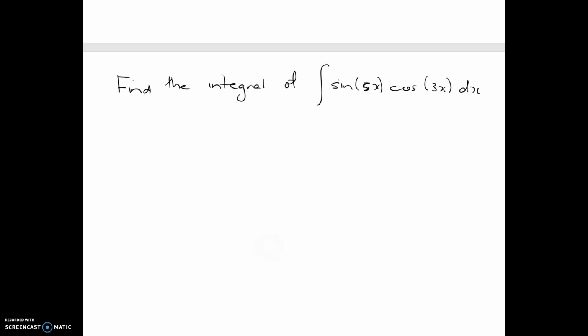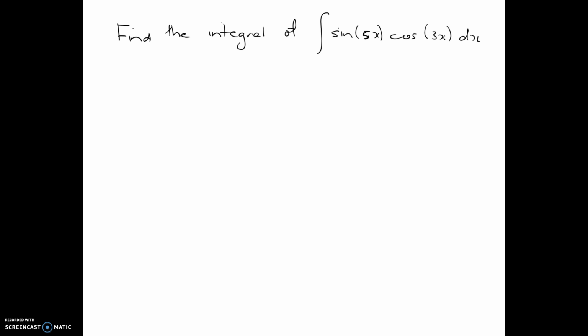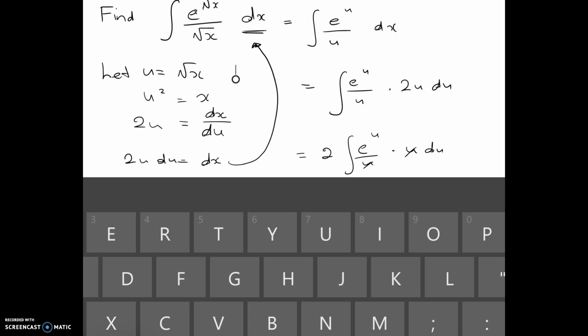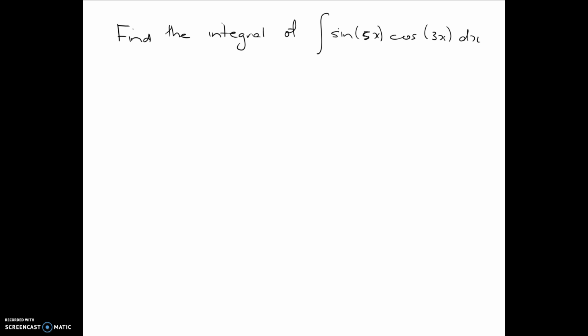The second question is not by substitution as it happens. It is by finding an appropriate trig identity that we can use to simplify the thing that we want to integrate. So let's have a look at it. If you look in the list of trig identities, we can see that if we had sine 5x cos 3x, we can replace that using the identity by half sine.